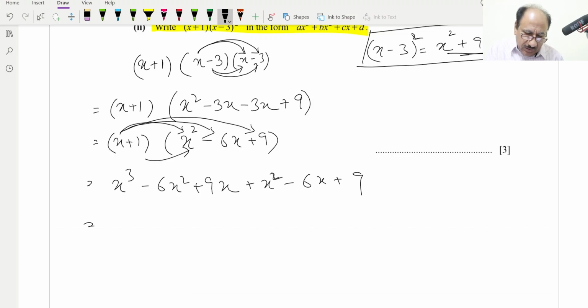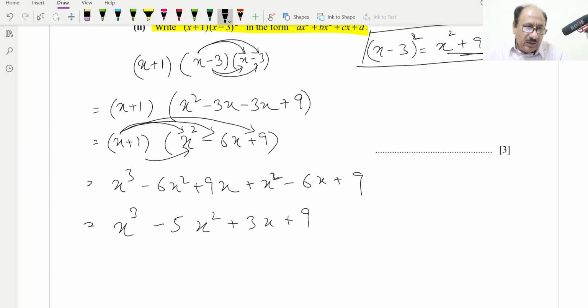Now adding like terms, x cubed is only one term, so we will write x cubed as it is, and we can now combine x squared. x squared is minus 6 and plus 1, so minus 5x squared, and 9x plus and minus 6x, so it will be plus 3x and plus 9.